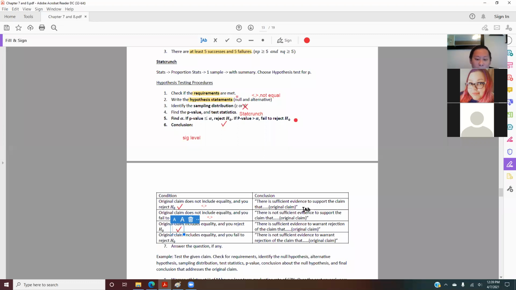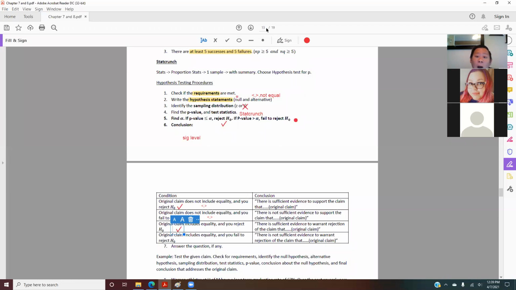Usually the claim statement says something like more than 50% of females are right-handed, let's say. So there is sufficient evidence to support the claim that more than 50% of the females are right-handed. You just copy and paste from the original claim in order to write the conclusion.